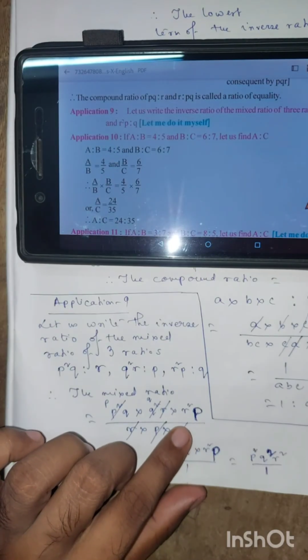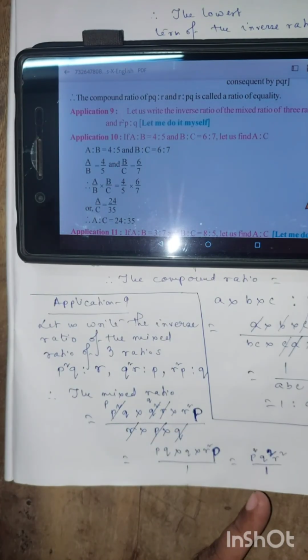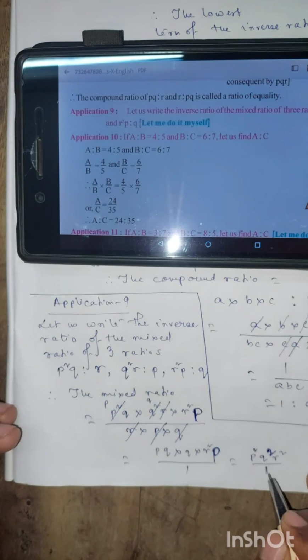Sorry, this is r square p. Okay, so it gives us p square q square r square by 1. This is the compound ratio, but we need to find out the inverse ratio of the mixed ratio.